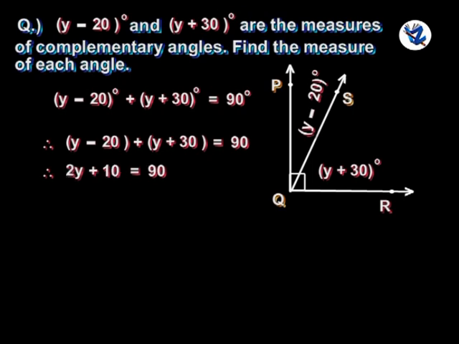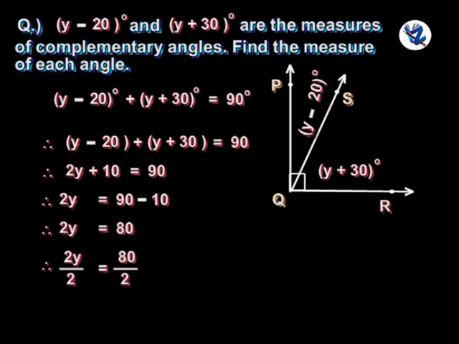Therefore, 2y plus 10 is equal to 90. Therefore, 2y is equal to 90 minus 10. Therefore, 2y is equal to 80. Therefore, 2y upon 2 is equal to 80 upon 2. Therefore, y is equal to 40.